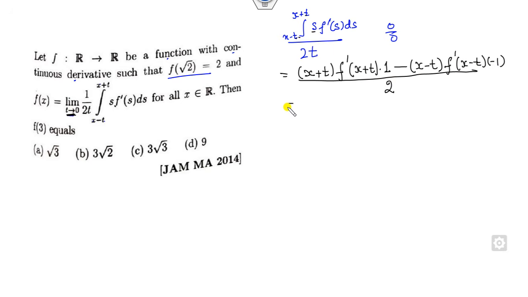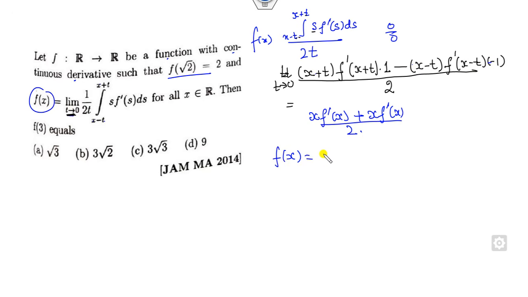Now it is not a 0 by 0 form, then you can apply the limit t approaches 0. It is x f dash of x plus x f dash of x divided by 2. Left hand side is my f of x. So f of x will be my x f dash of x. Fine.